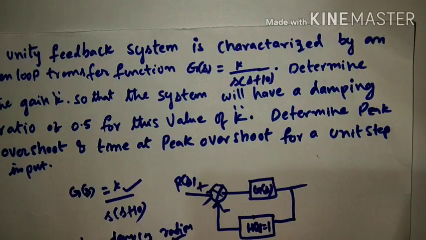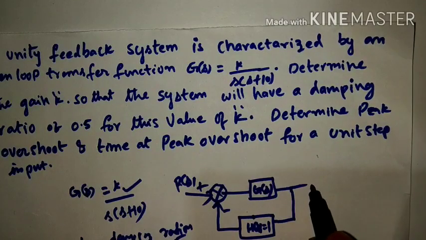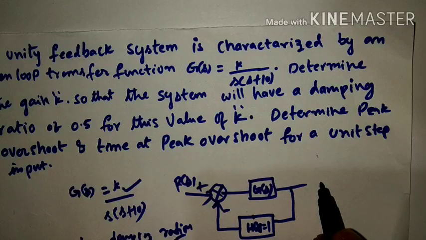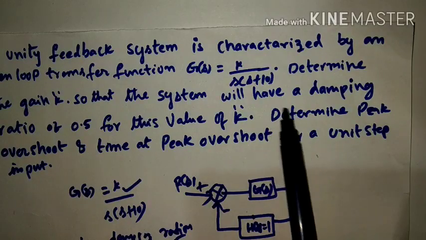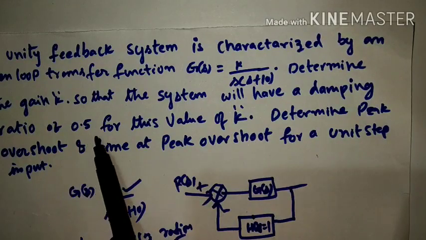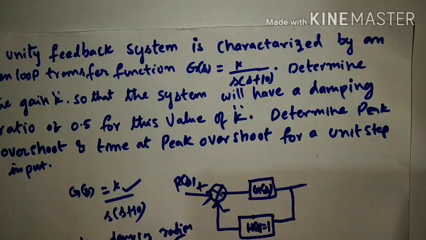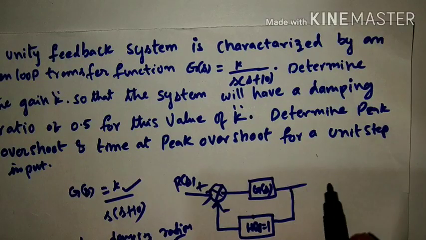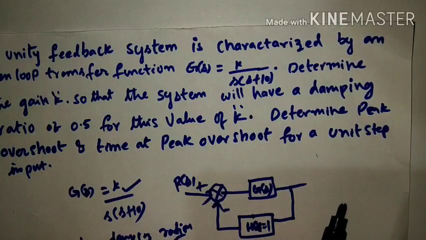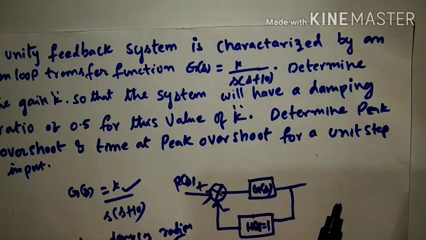So for the K value that gives a damping ratio of 0.5, we have to determine the peak overshoot, and also the time at peak overshoot, for a unit step signal.